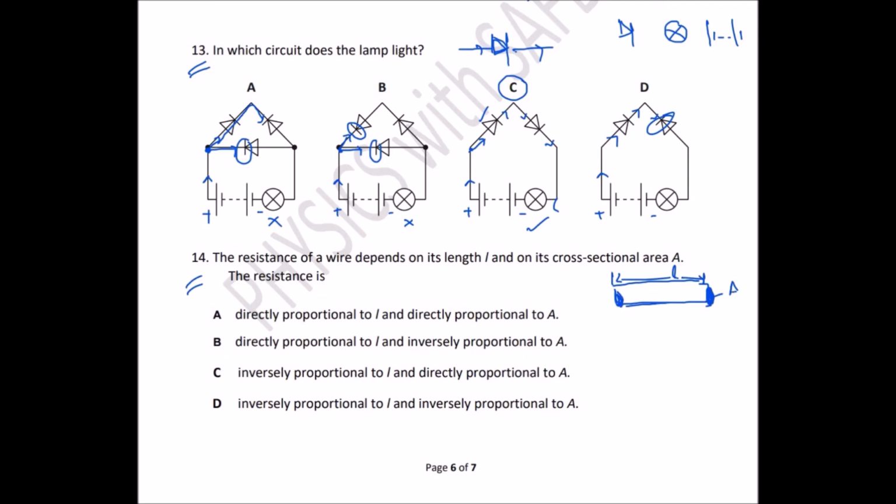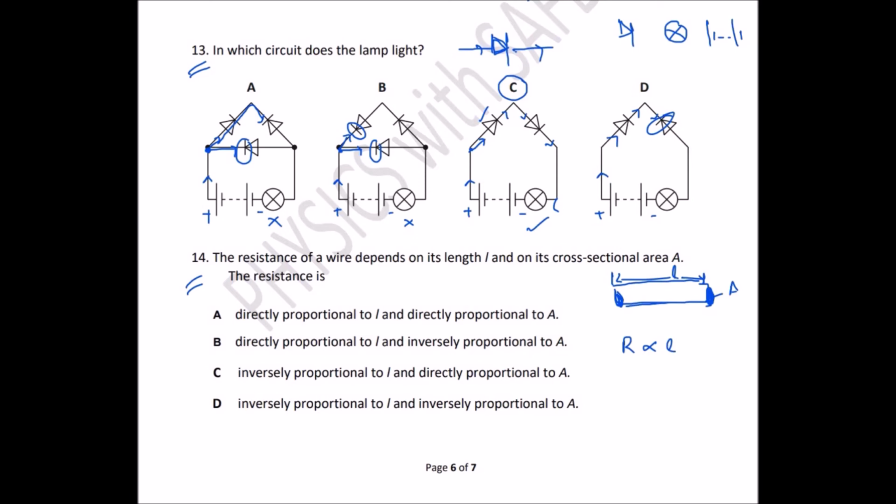Or in easy words, if you are confused with the cross-sectional word, you can take it as the thickness of the conductor. If you have a thick conductor, it has a large cross-sectional area. If you have a thin conductor, it has a small cross-sectional area. The resistance of the conductor is proportional to the length.